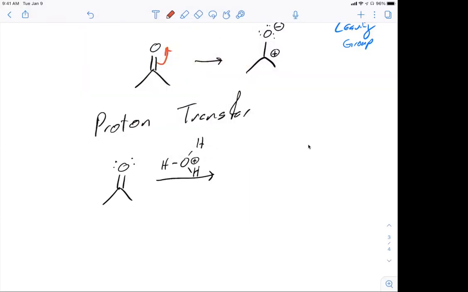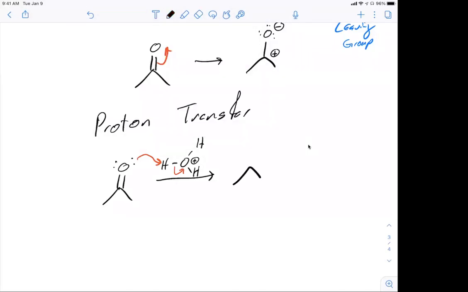So in proton transfer, the proton is what we're looking for. We can think about a proton transfer as a nucleophilic attack with a leaving group, and therefore you can think of it as an acid reaction.